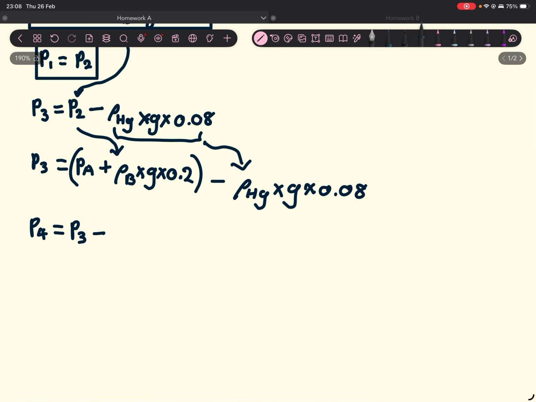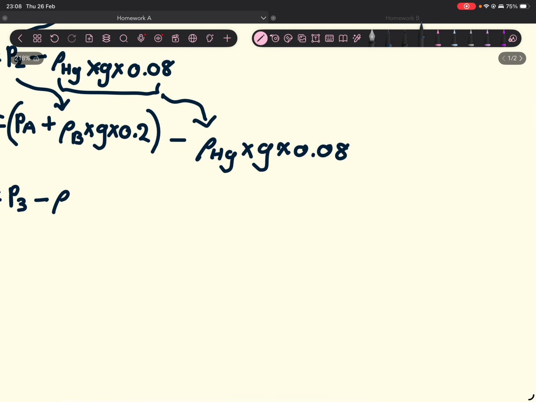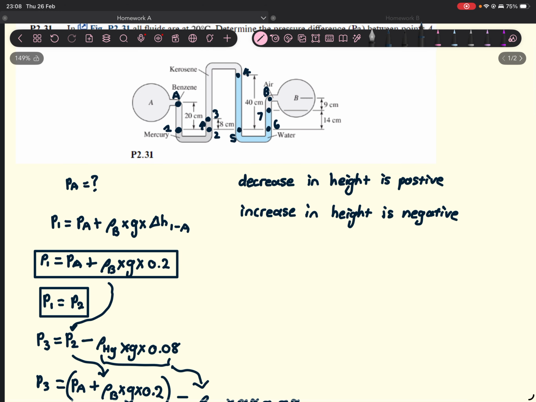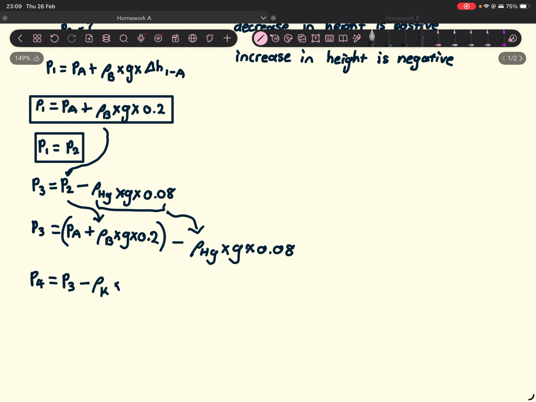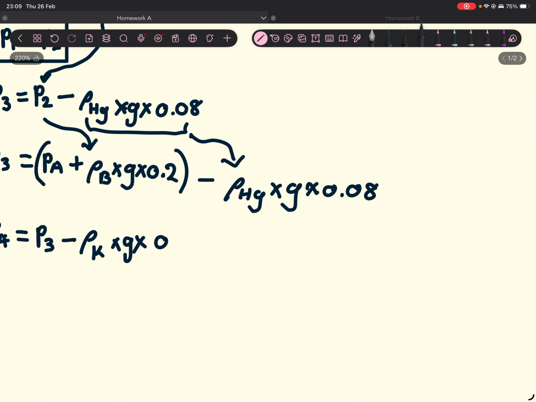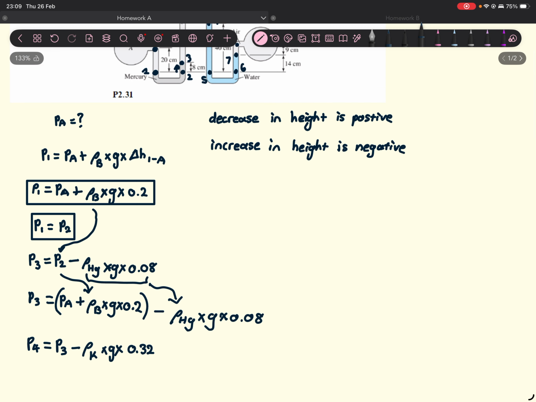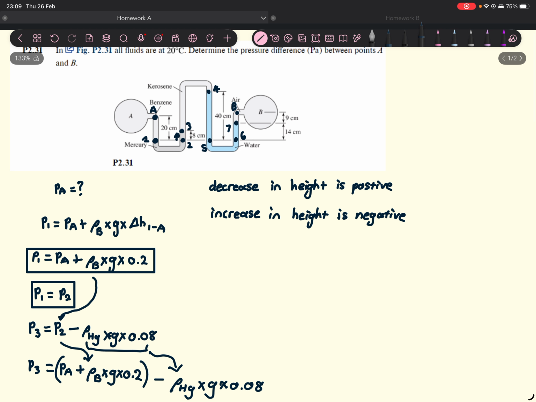So we're going up, so it's negative, and then the density of kerosene, rho K, times g times the height from point 3 to point 4, which is going to be 0.32 meters. Okay, and you pretty much work your way throughout like that. So you're going to do 4 to 5, then 5 to 6, 6 to 7, and 7 to point B.